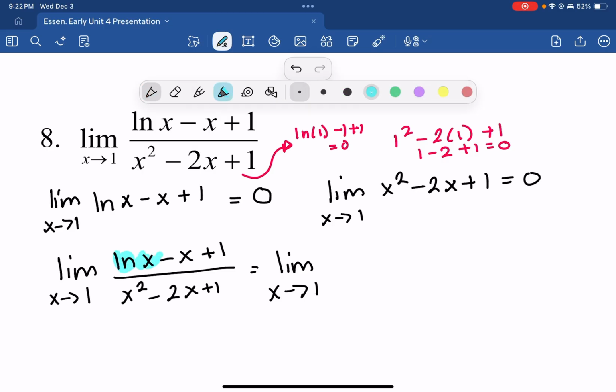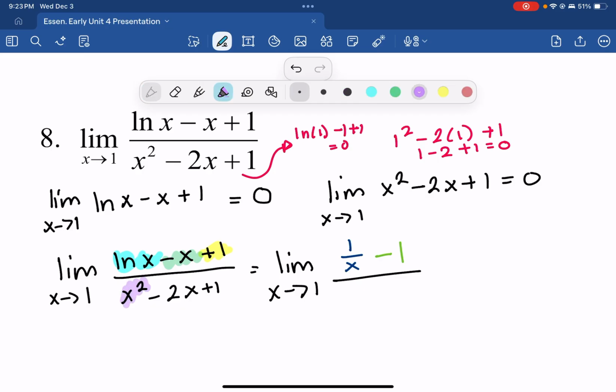First, our natural log of x: its derivative is 1 over x. Next is that x piece. Derivative of x is 1, so it's going to be minus 1. And then that plus 1 piece will be 0, so I'm not going to write it out. Over, and then we look at that denominator.